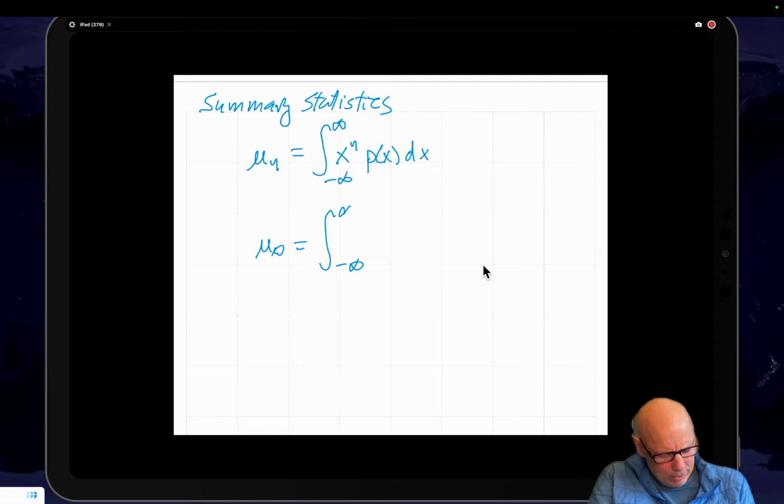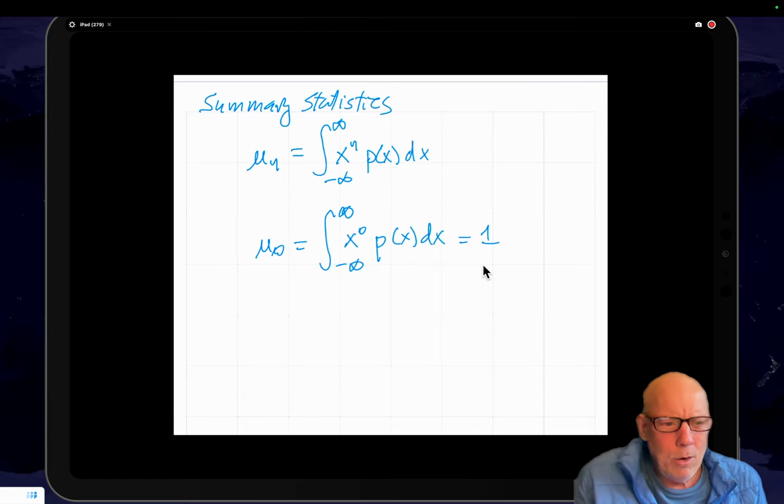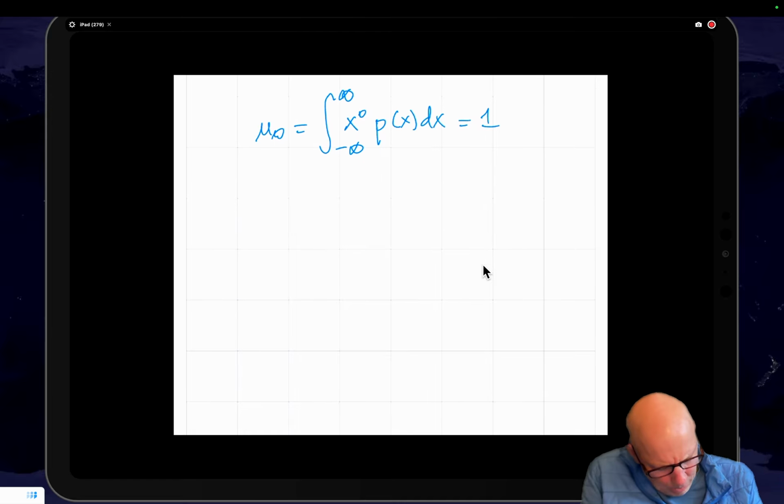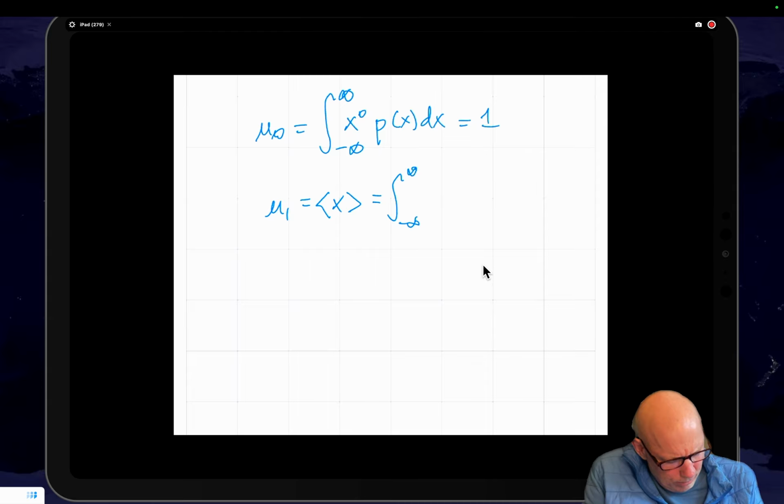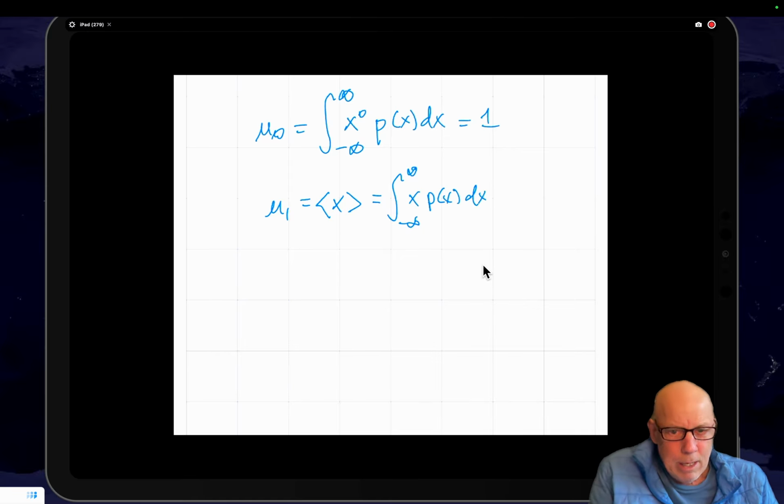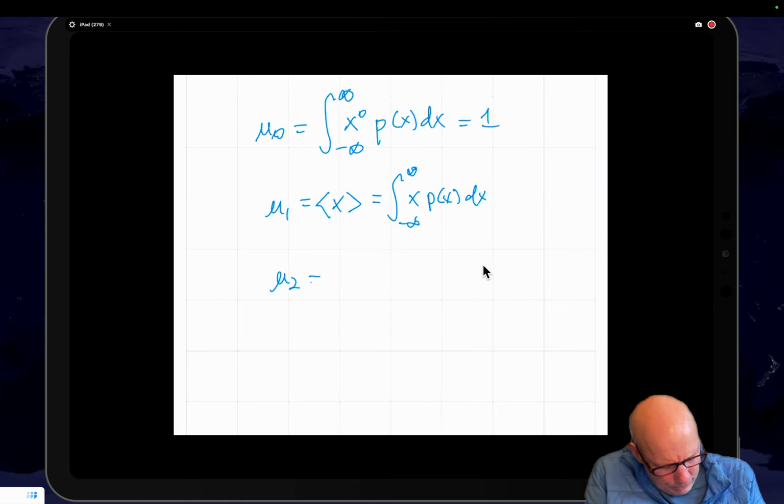That's the integral from minus infinity to infinity of x to the 0 power, which is just 1, times p of x dx, and that's equal to 1. So that's what I mean by a normalization condition. Mu1 is equal to the mean. That's average x, and that's given by the integral from minus infinity to infinity of x, p of x dx. And mu2 is a measure of the width of the distribution, and it's defined as follows.